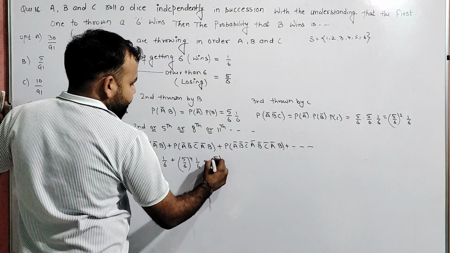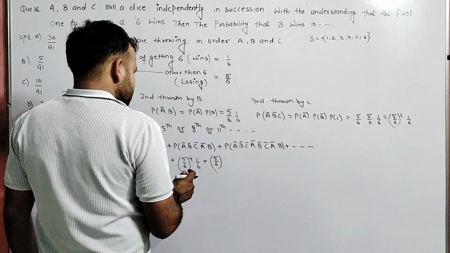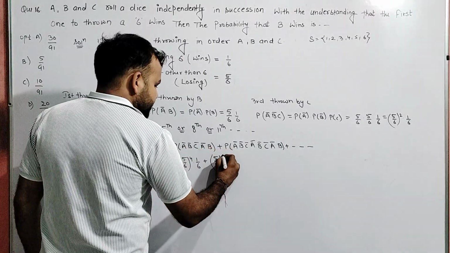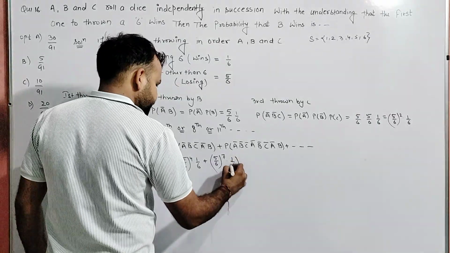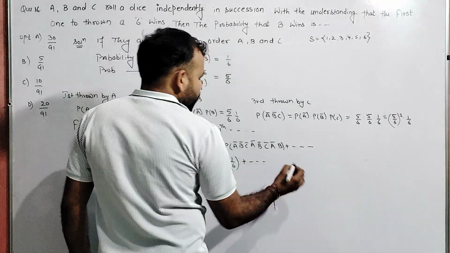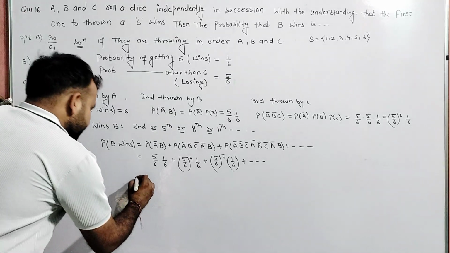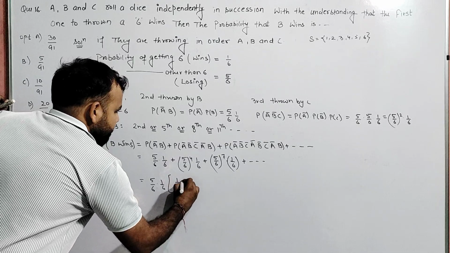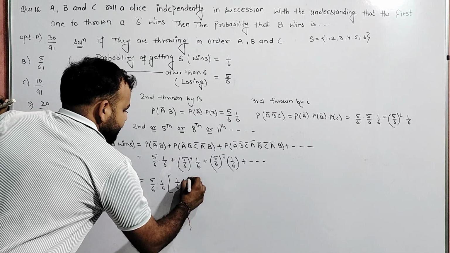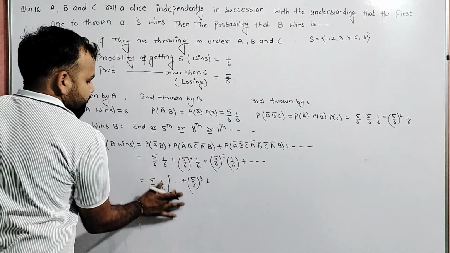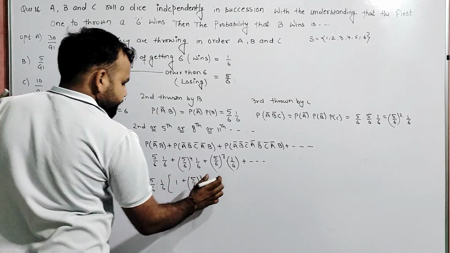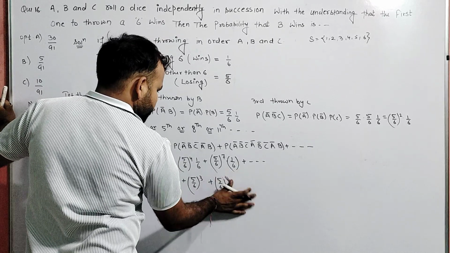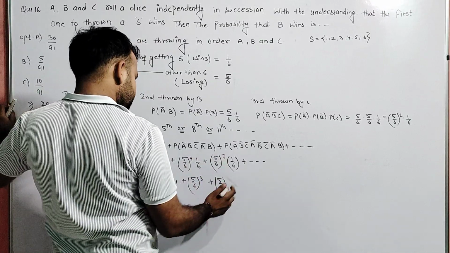Similarly, 5 by 6 to the power 7 into 1 by 6, plus so on. Students, if you take out the common 5 by 6 into 1 by 6, you get 1 plus 5 by 6 to the power 3 plus 5 by 6 to the power 6, plus so on.